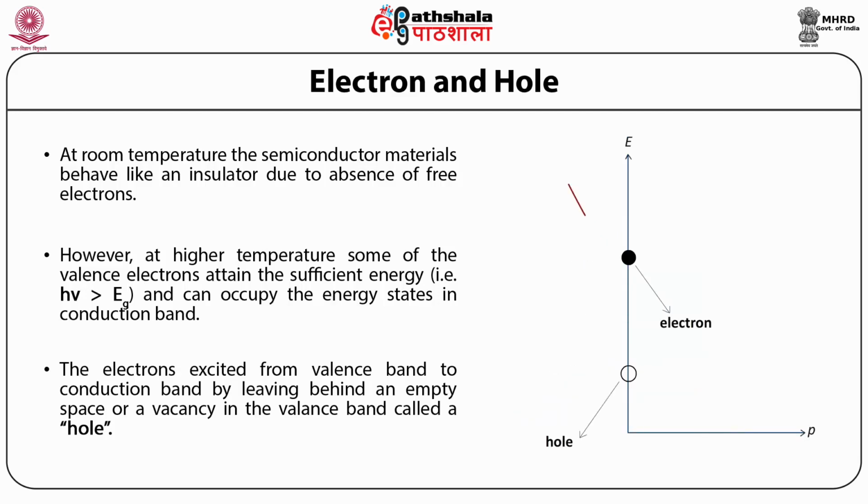So we can differentiate between the electrons and the holes: the electrons have negative charge, and the holes have positive mass and a positive charge.